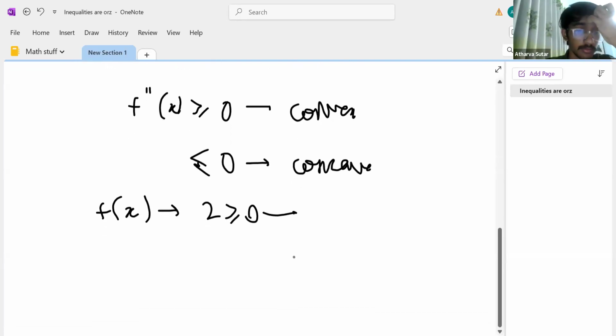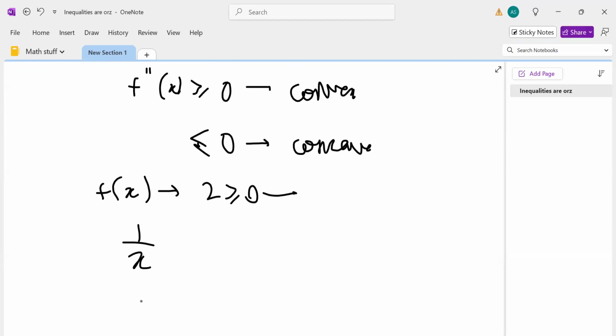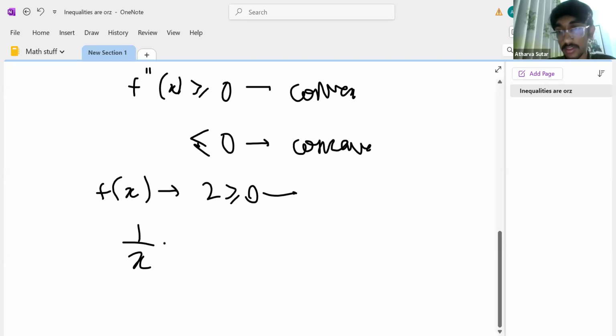And somebody can tell me the differentiation of 1 by x, where x is a positive integer. ln x. That is what we get by integration. What would be the differentiation of this?